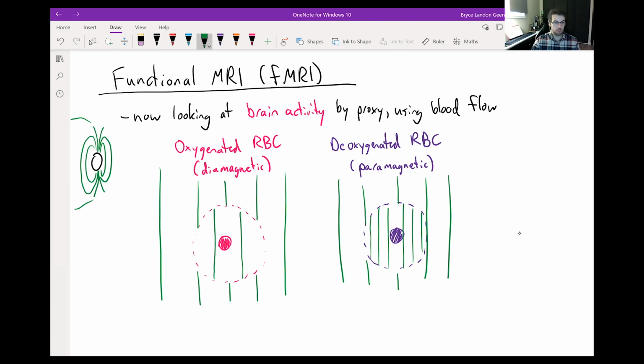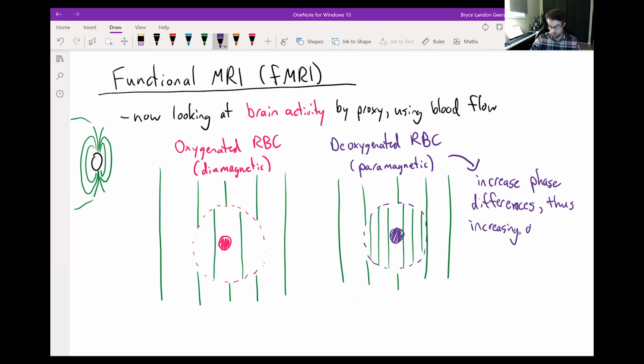Now, this is very important because paramagnetic materials increase phase differences in surrounding tissue and other blood cells and water and spins, thus increasing dephasing.